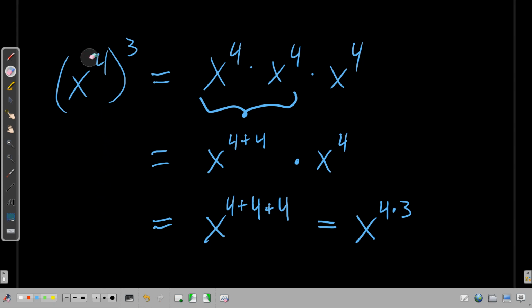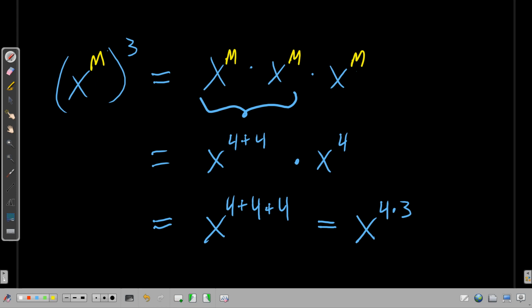Because if it worked, these numbers weren't special. I could go through here and replace all the 4s with m's. There's nothing special about a 4 compared to an m. They're both numbers.